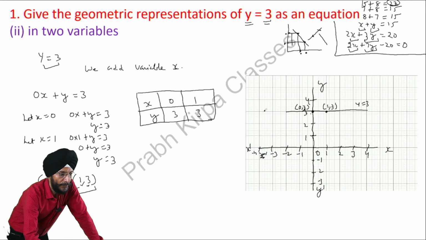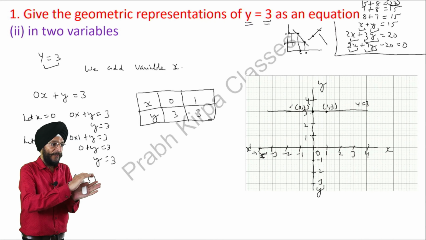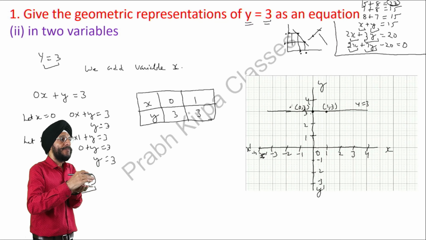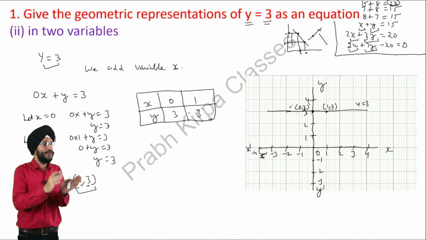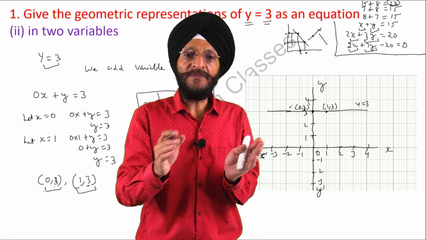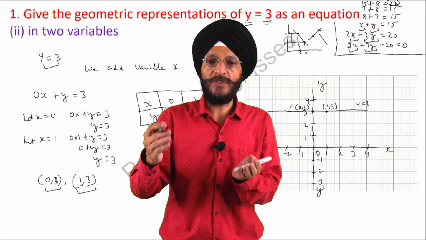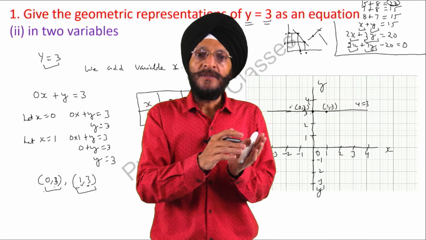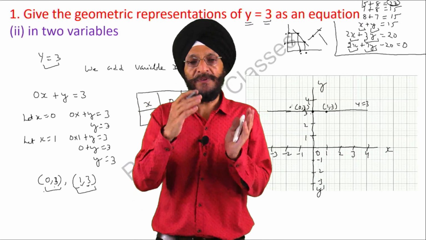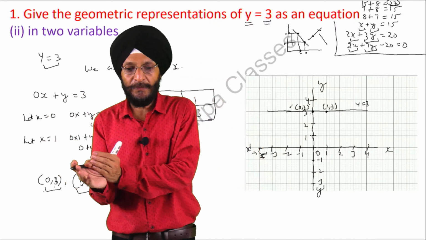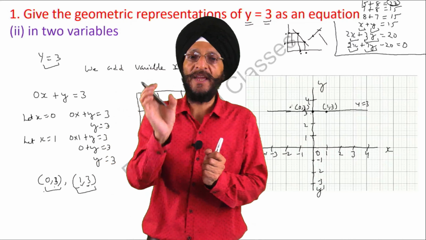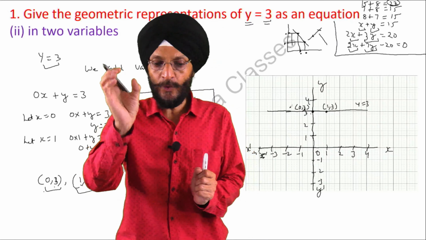Here we have formed the geometrical representation of y is equal to 3, where we have assumed the value of the other variable which was not given in the question. If y variable is given, then we will assume x variable. If x variable is given, we will assume y variable, and on the basis of that we will find out the two solutions of x and y which fit into the equation.